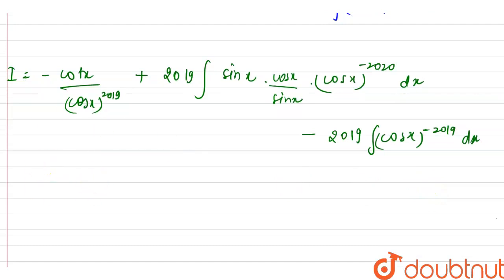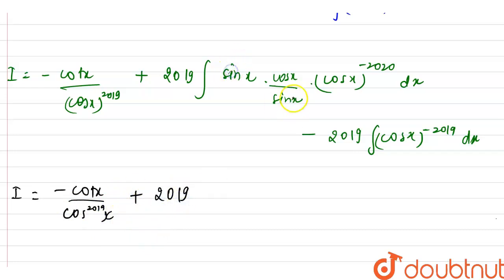Now I equals minus cot x over cos x raised to the power 2019, and here we have plus 2019.